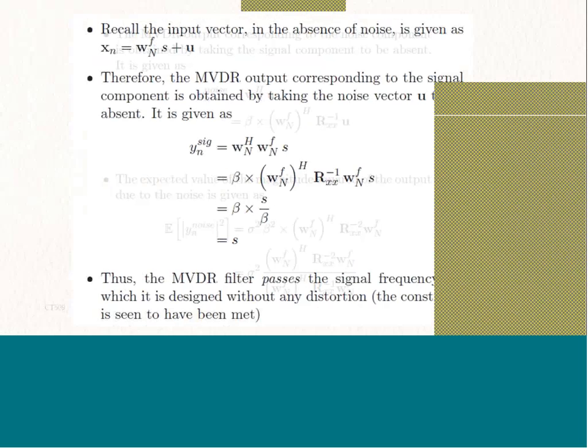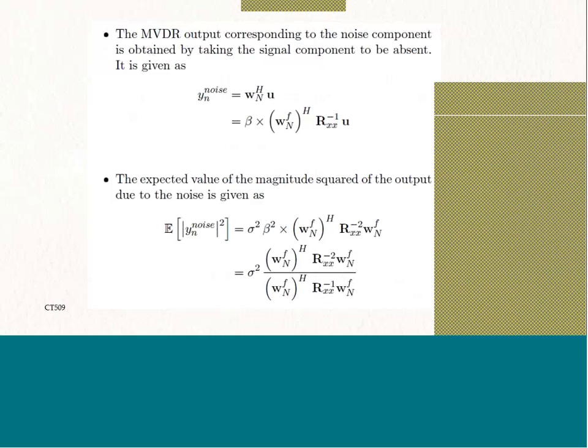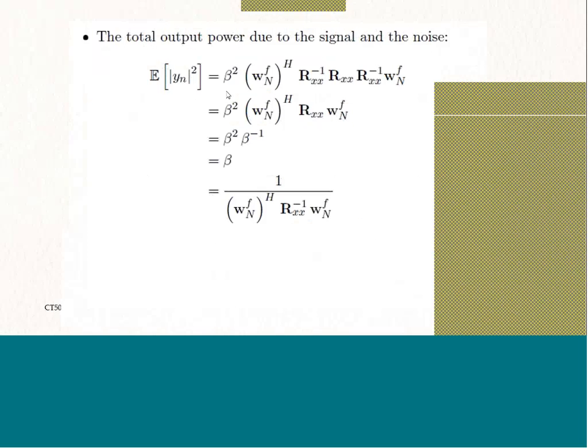So just the way that we did these two equations, for the MVDR we can also calculate the expected value of |Yn|^2.